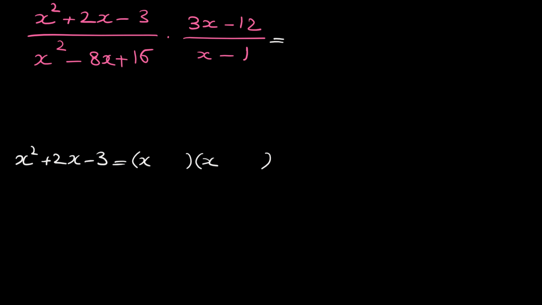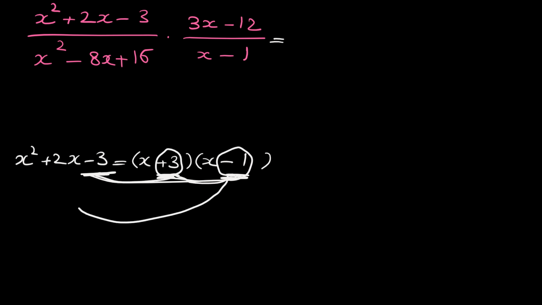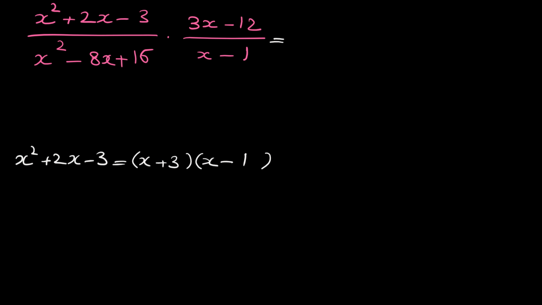Those numbers are 3 and negative 1, because 3 times negative 1 is negative 3, and 3 plus negative 1 is 2. So this is the factored form for the numerator of the first rational expression: x plus 3 times x minus 1.